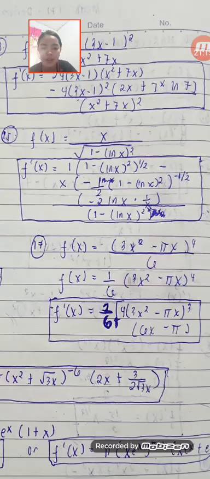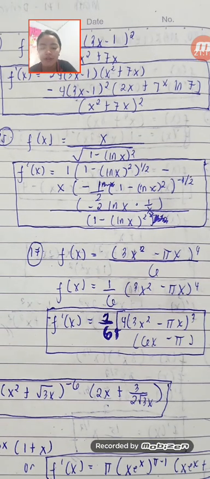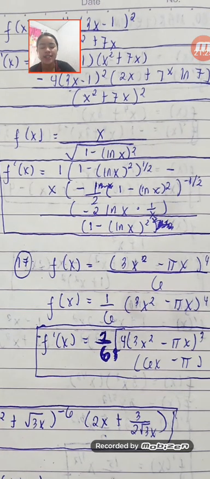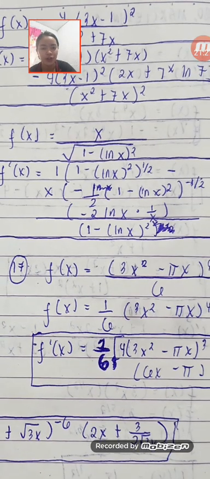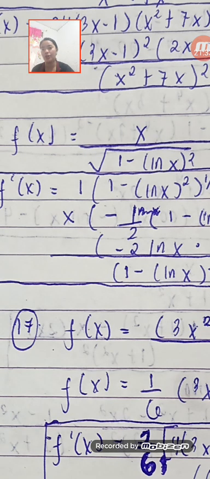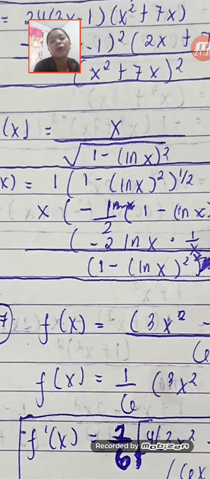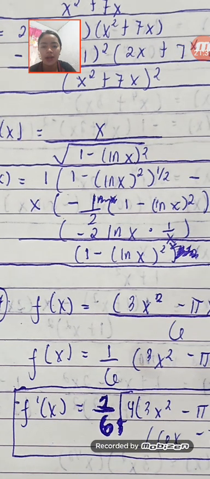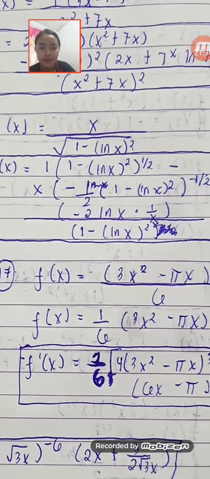For item number 15, we have here f of x is equal to x over the square root of 1 minus ln x squared. So in this item, we just need to use the quotient rule. So in quotient rule, we just need to have the derivative of our numerator first, which is x. The derivative of x is 1. And multiply by its denominator, which is this one.